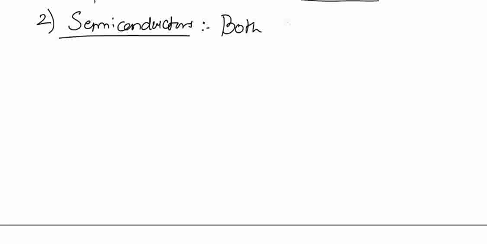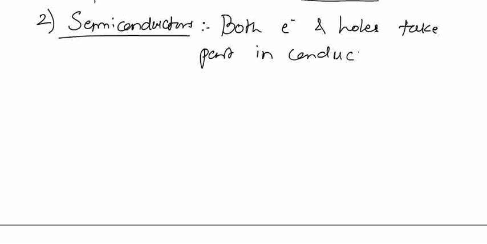Number 2, semiconductors. Semiconductors are the materials which sometimes conduct, depending on the surrounding condition, and sometimes do not conduct, behaving as an insulator. In case of semiconductors, both electrons and holes take part in conduction, meaning electrons as well as holes are charge carriers.